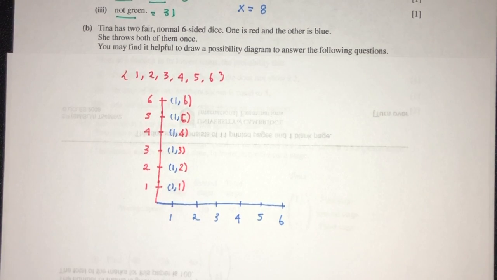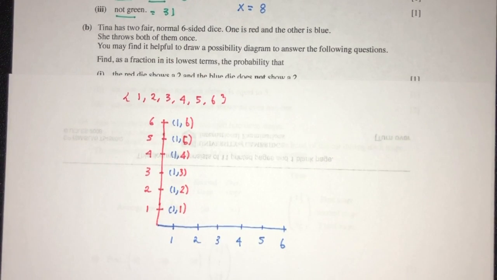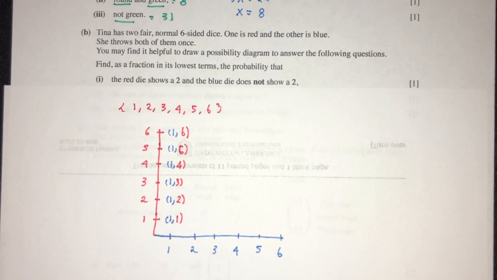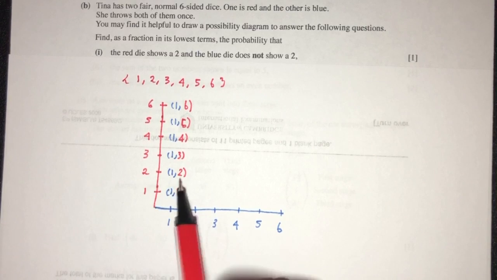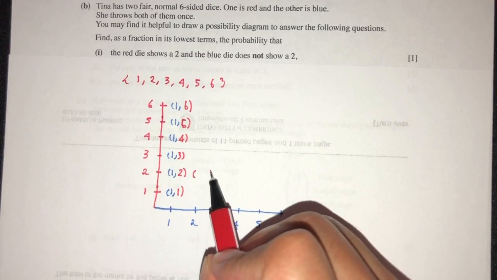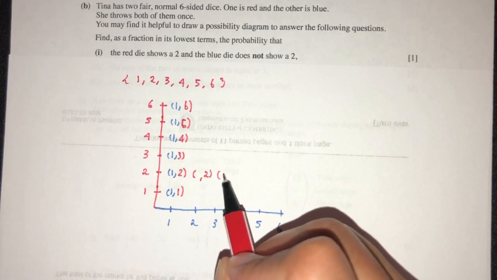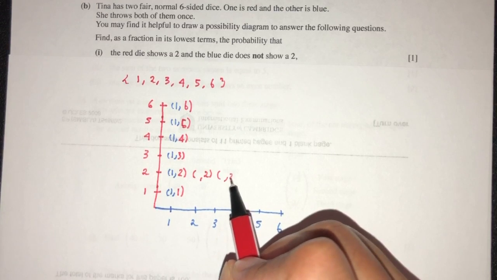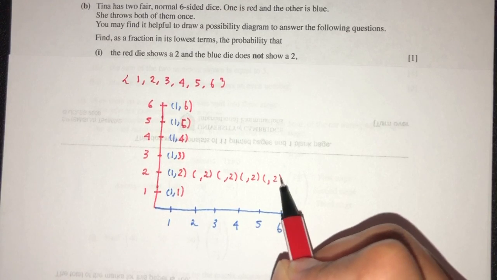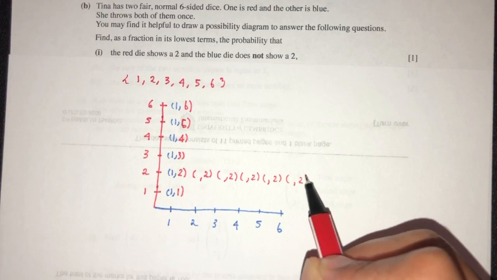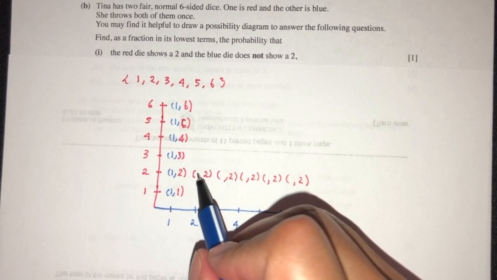So the main question here is, we have to find the fraction, or the chance, that the red die shows a 2 and the blue die does not show a 2. So pretty easy. If the red die shows a 2, it will be on this line. That will be 2, 2 here.